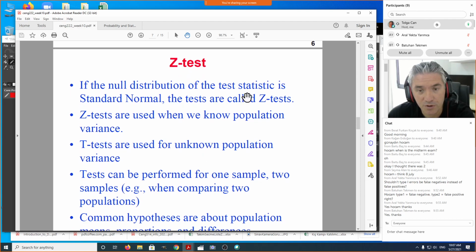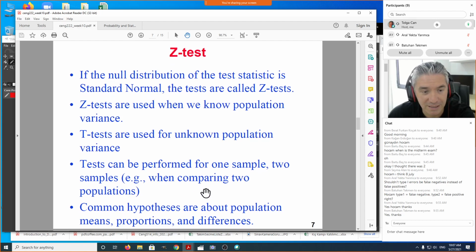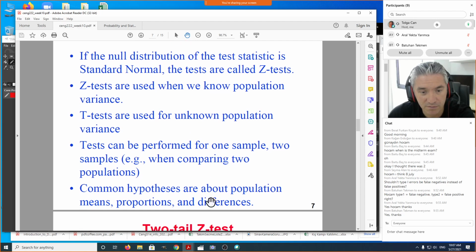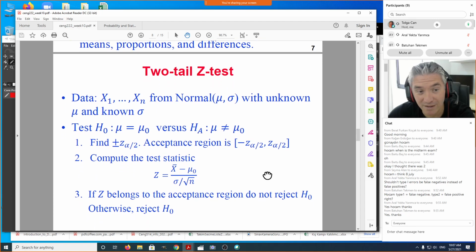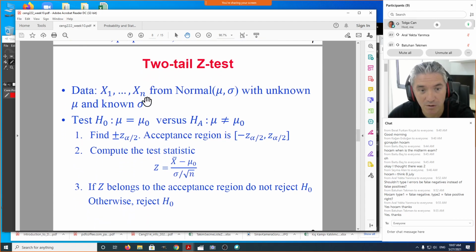If the null distribution of the test statistic is the standard normal, it is called a z-test. Here are population mean, proportion, and differences, the same thing we did in confidence intervals. Here's how we conduct a two-tailed z-test. We collect data from some normal distribution with unknown mu and known sigma.